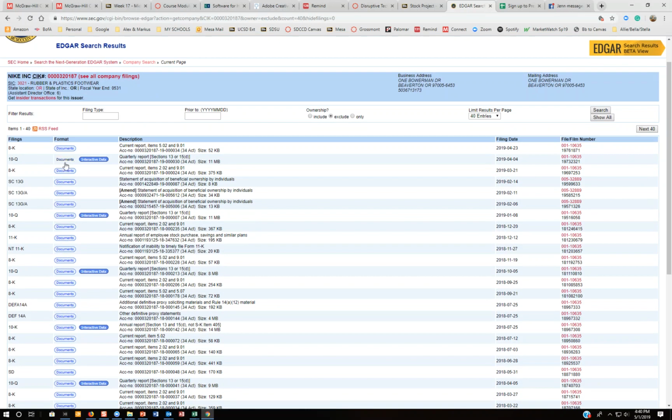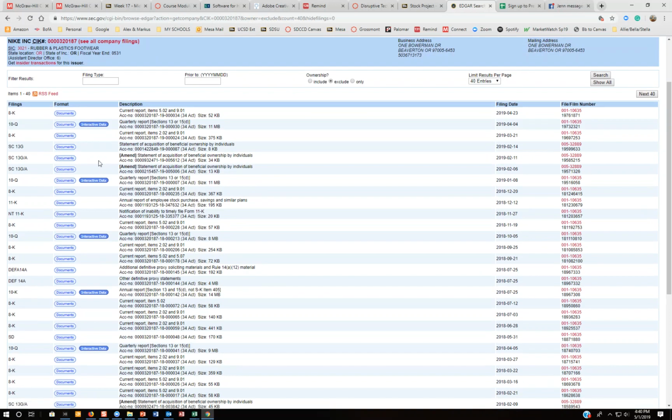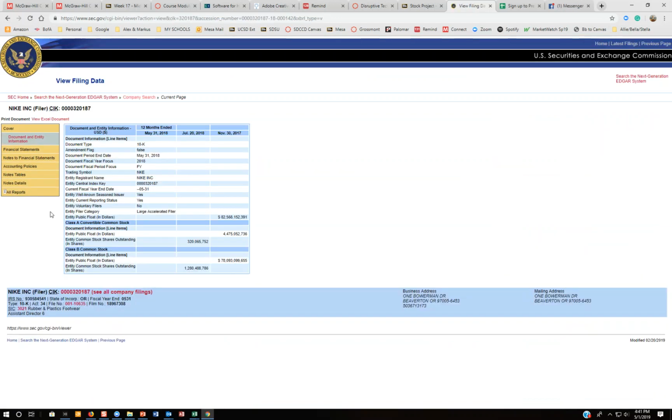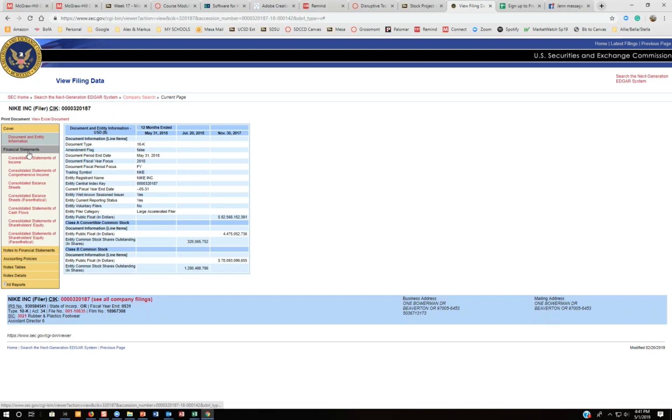You could either go to the 10Q, which is the quarterly, or if you can look down and find a 10K, all of them much better. So here's a 10K. I always click on the interactive data, which is here. And here's my financial statements. Here's my statement of income, my balance sheet.